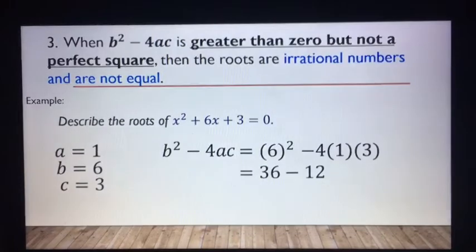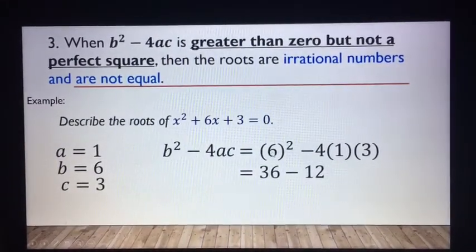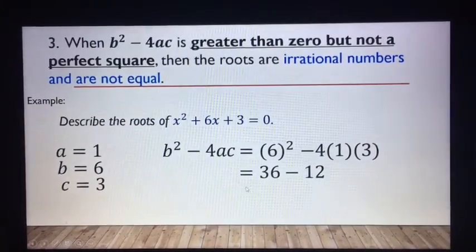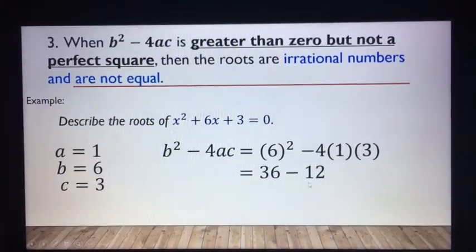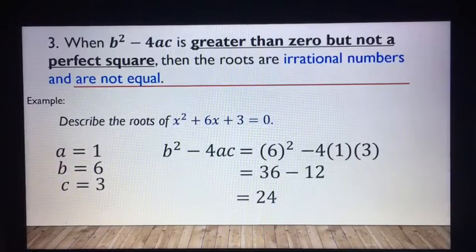Then, evaluate 6 squared. 6 times 6 is 36 minus 4 times 1 is 4 times 3 is 12. So, 12. Then, subtract. 36 minus 12 is 24. Okay?